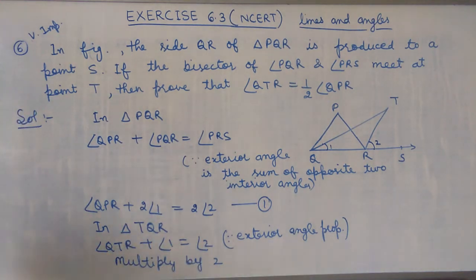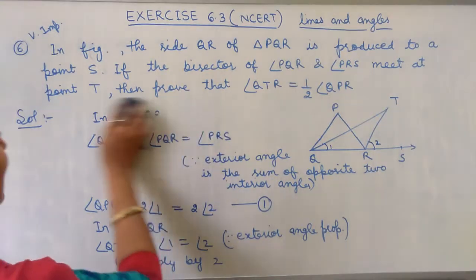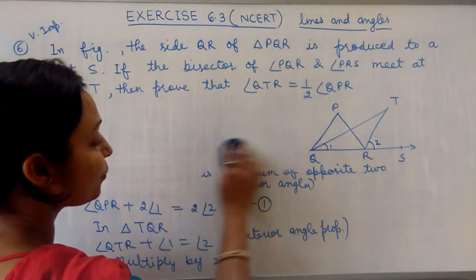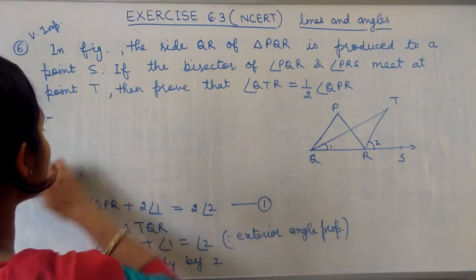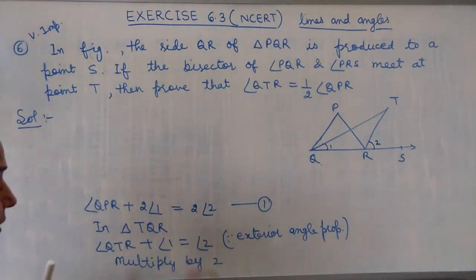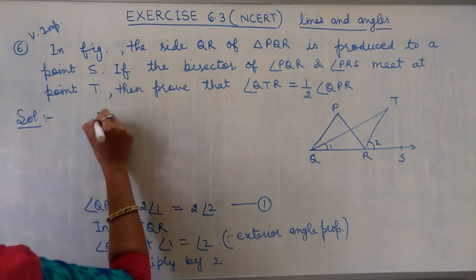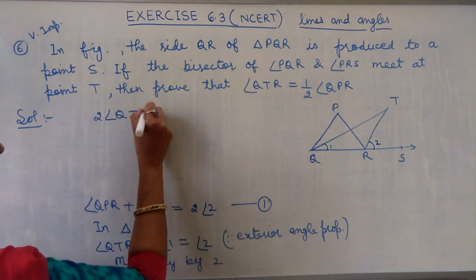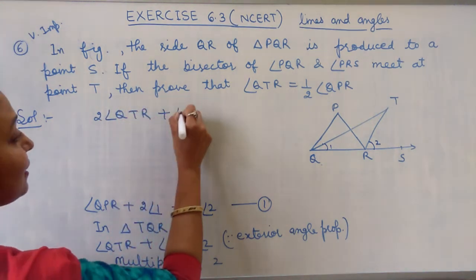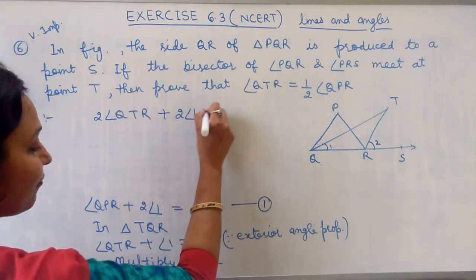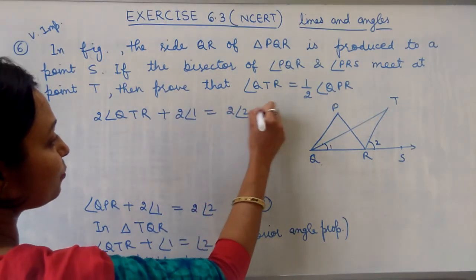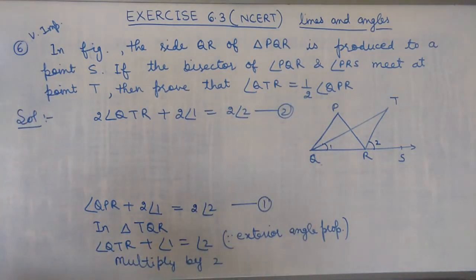You will get 2 times angle QTR plus 2 times angle 1 is equal to 2 times angle 2. Name it as equation number 2.